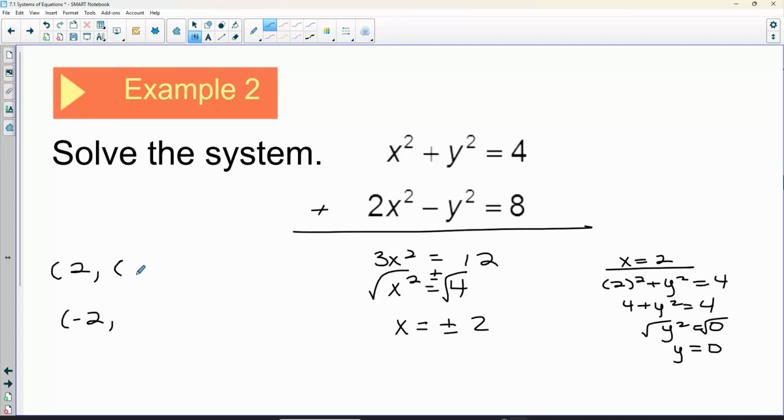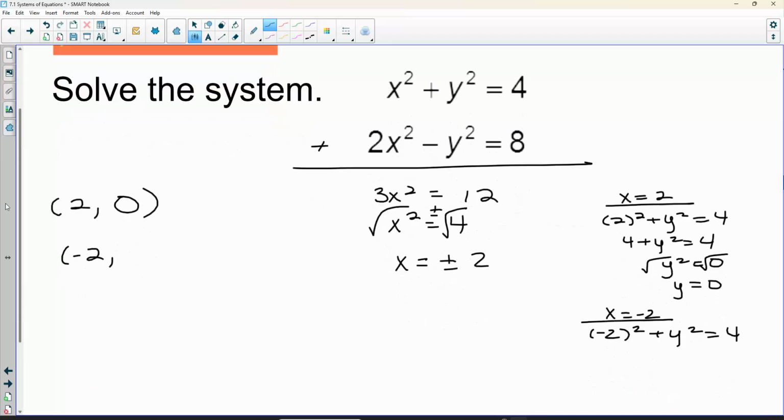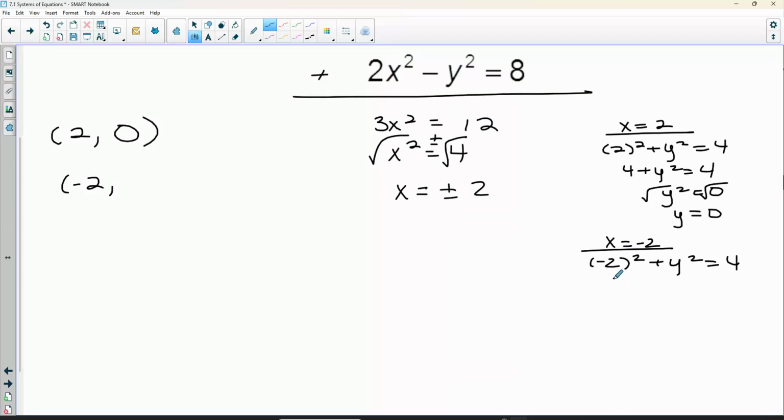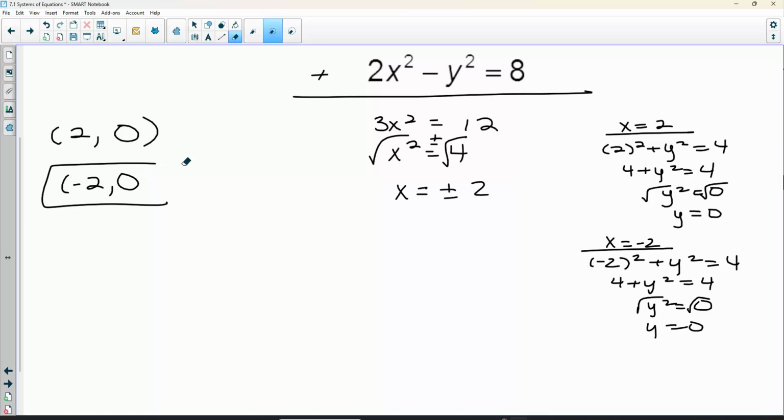Square root of 0 is 0. What's going to happen when I put in negative 2? Negative 2 squared is still 4. Still get y squared equals 0, and square root of 0 is still 0. So I got 2 answers: 2, 0 and negative 2, 0.